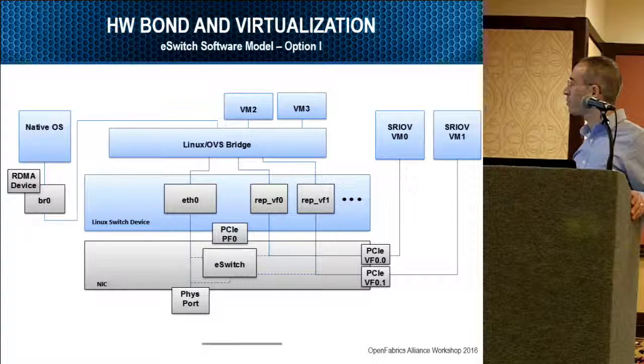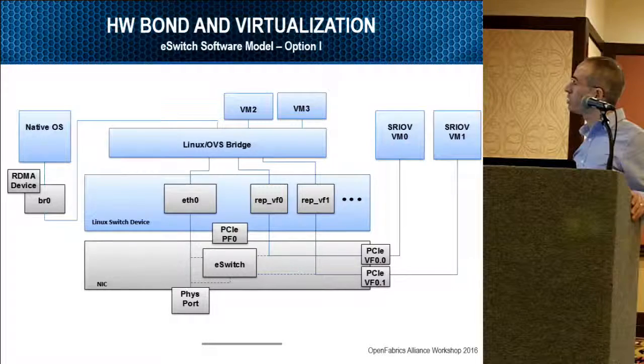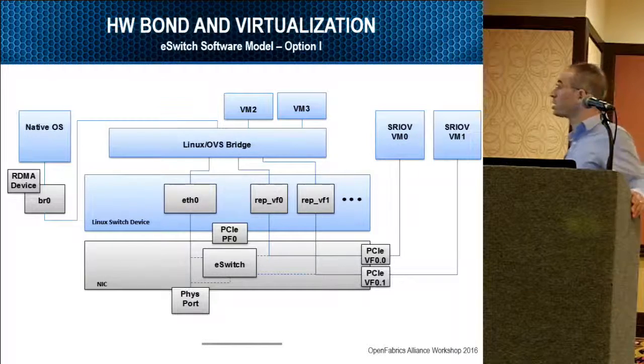In this setup, we see three network devices: one that represents the physical port, and two that represent the virtual functions, the vPorts. All of these three ports are enslaved with the Linux bridge or the OVS bridge. The OVS bridge exposes a software-based network device, BR0, which is used for the native OS, for the hypervisor networking stack. And the para-virt VMs are connected directly to the Linux software switch.